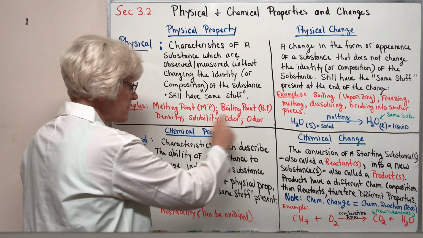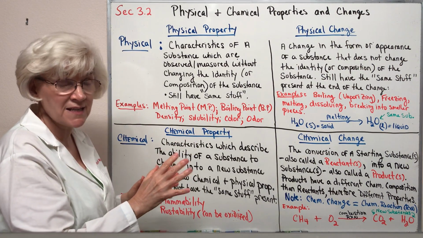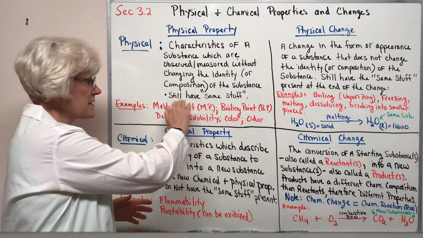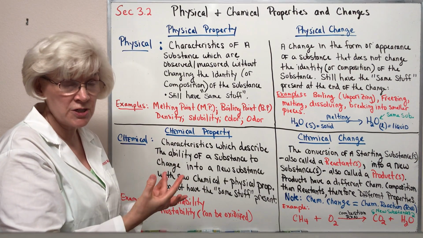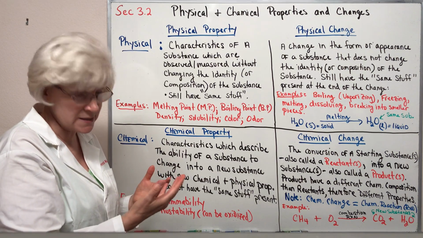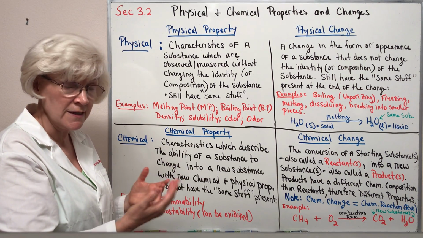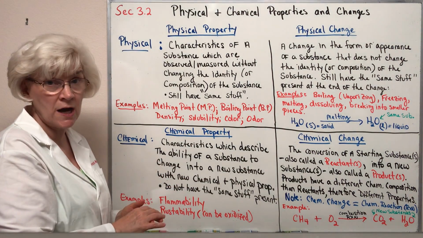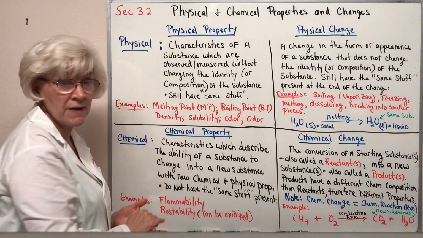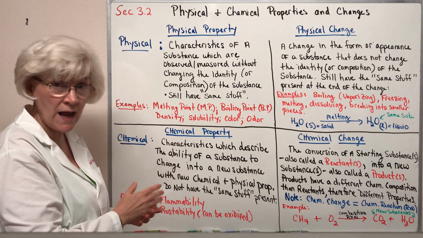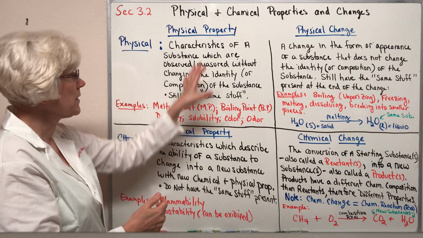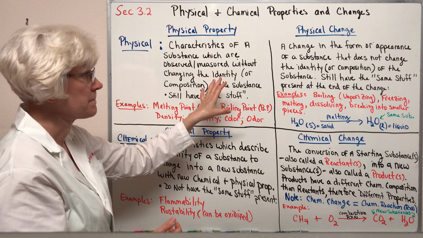The process of measuring or observing all of these different properties does not involve us changing our substance into something new, different. It still has the same composition as we make these measurements or observations about the substance. So we call these physical properties.